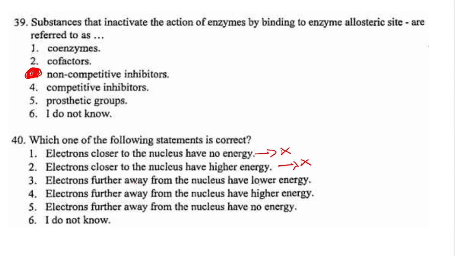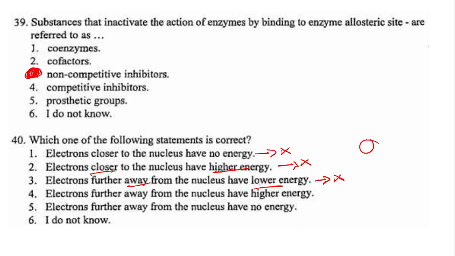Electrons further away from the nucleus have lower energy, which is wrong. Guys, even if you don't understand, you can see higher and lower are opposites of each other, right?